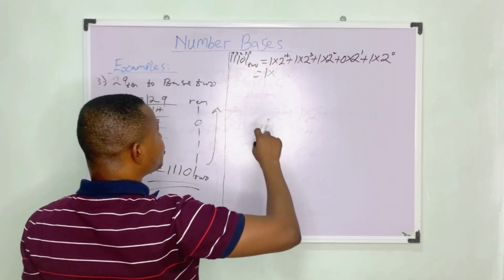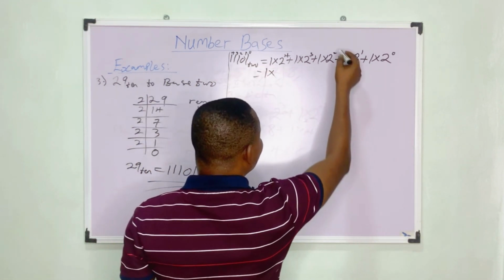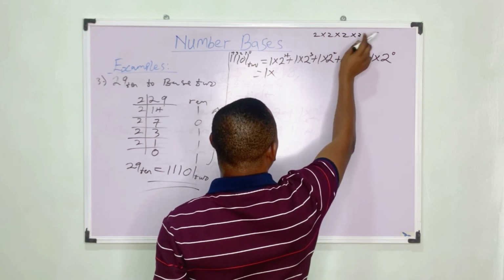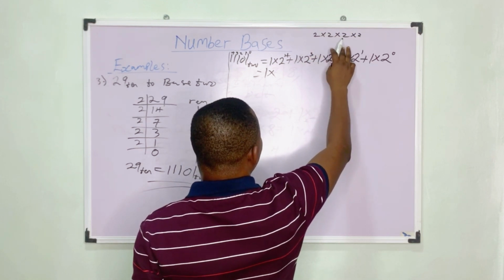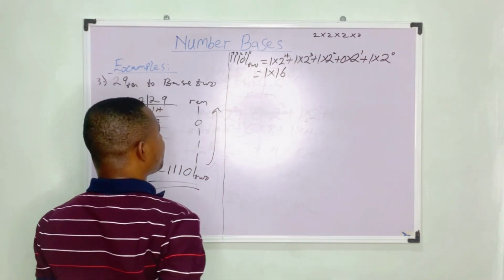That is 1 times 2 raised to power of 4. Don't use calculator, it's very simple: 2 times 2 times 2 times 2. 2 times 2, 4. 4 times 2, 8. And 8 times 2 will give us 16.